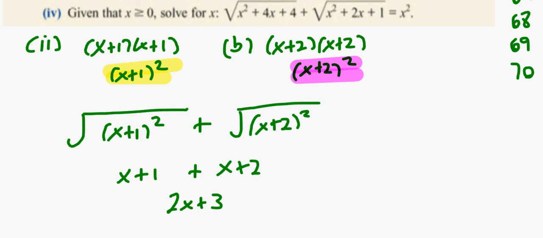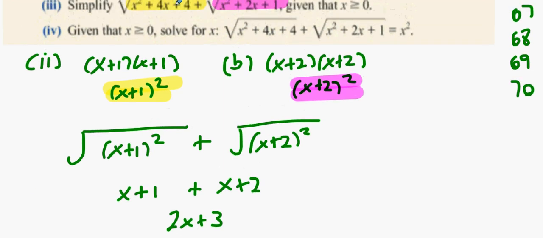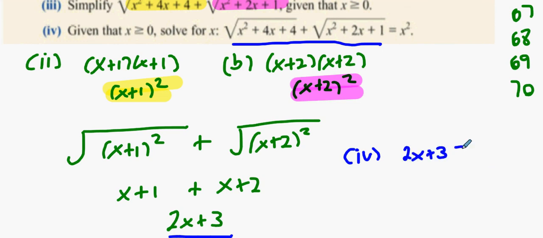Now, the answer for part 3 is the same as this part for part 4. So what can I do with part 4 then? Replace everything I underlined in blue with what? I'm going to replace it with 2x plus 3. What happens when I move over to the other side?